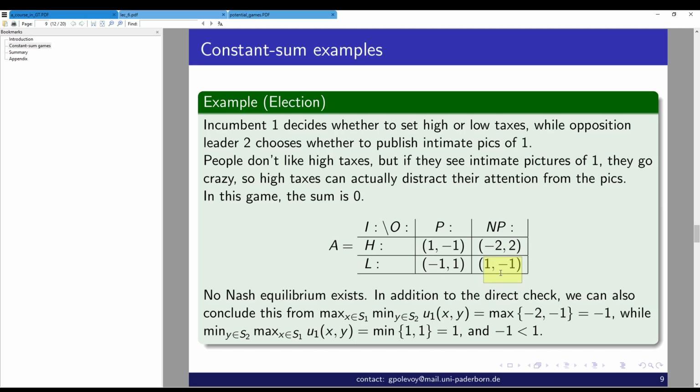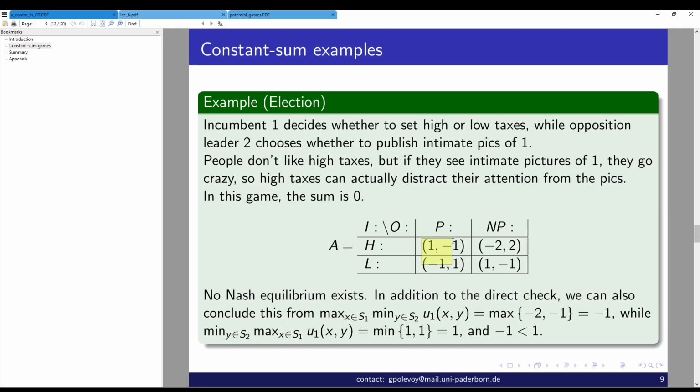If the players are at low and non-publish, then the second player can choose publish and increase her utility from -1 to 1. And if the players choose low and publish, then the first player can choose high and increase her utility from -1 to 1. So there is no Nash equilibrium.